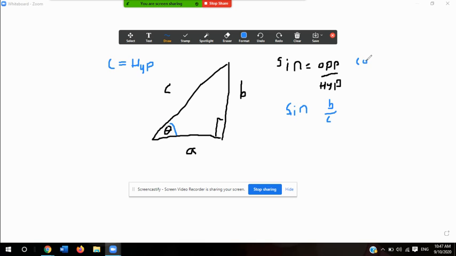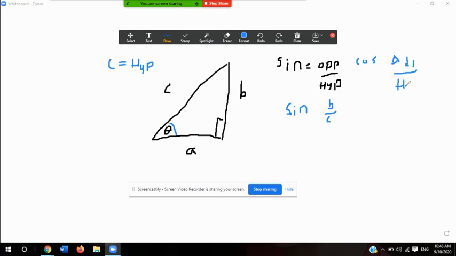Cosine is referred to as adjacent over hypotenuse. Now, adjacent just means the closest side to the angle.